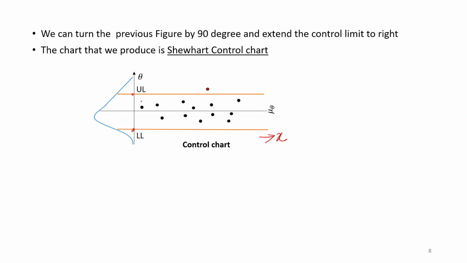So this is the first reading, this is the second, the third, the fourth, the fifth, sixth. Like that it is going on. This is 7, this is 8. At equal intervals we must plot these points, and you get a chart. This chart is known as Shewhart control chart. This is what is Shewhart control chart.